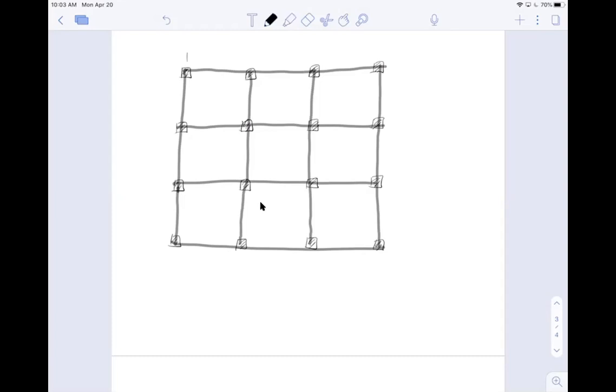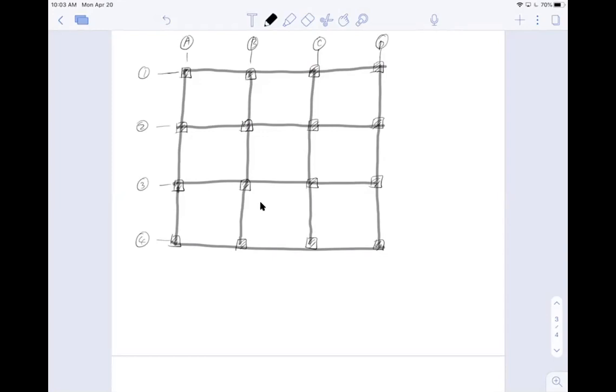Now if I call them A, B, C, D, these are my bays. And then I call them grid 1, grid 2, grid 3, grid 4. These are the transverse direction.